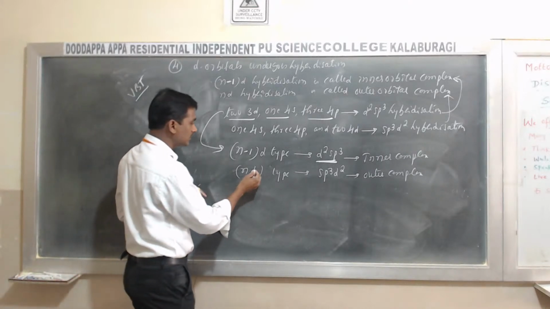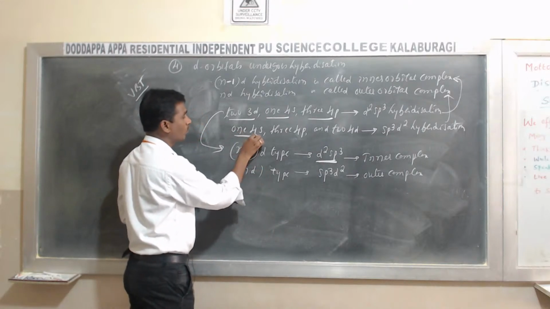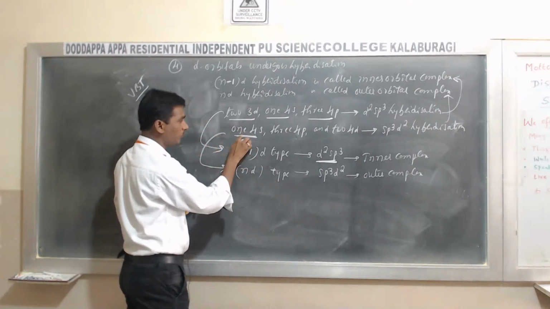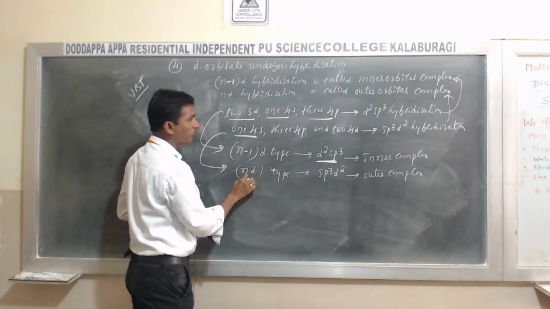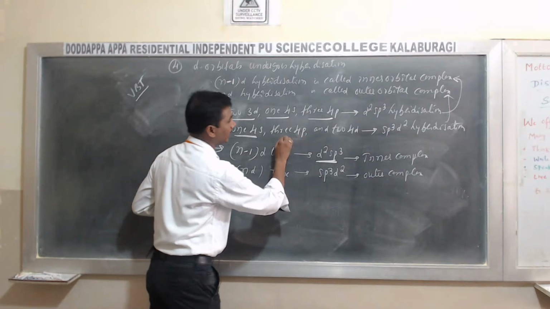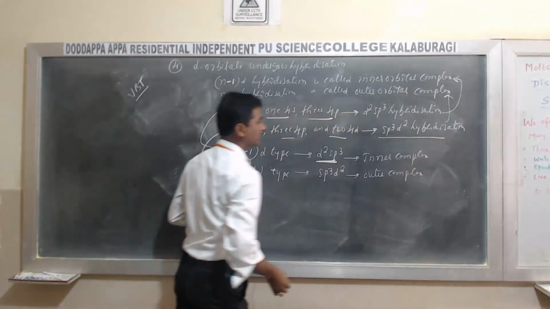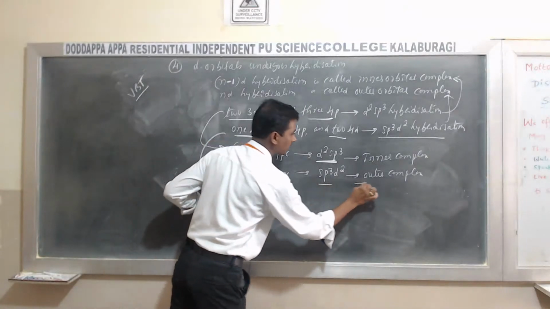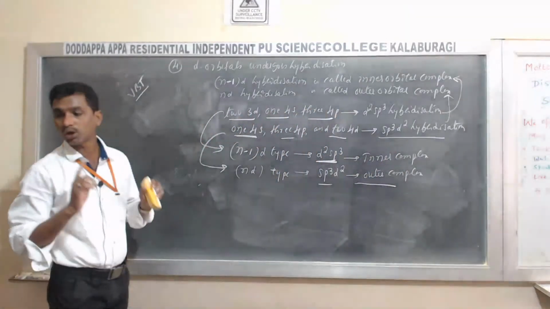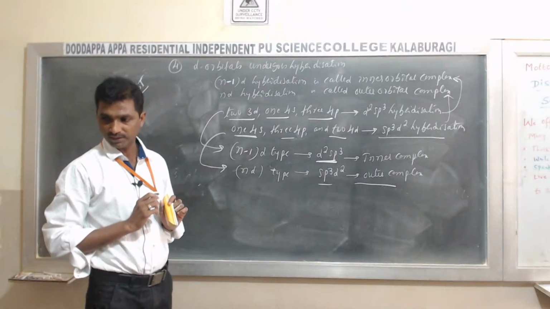For nd type, it means one 4s, three 4p, and two 4d orbitals, which undergo hybridization to give sp3d2 hybridization. This sp3d2 hybridization is called an outer orbital complex. Is it correct or not?